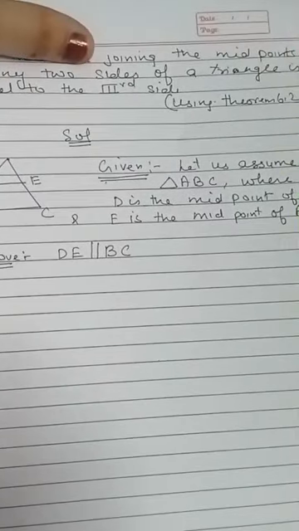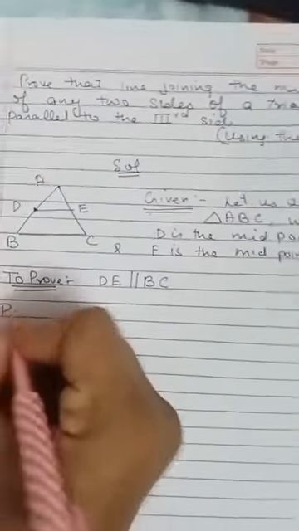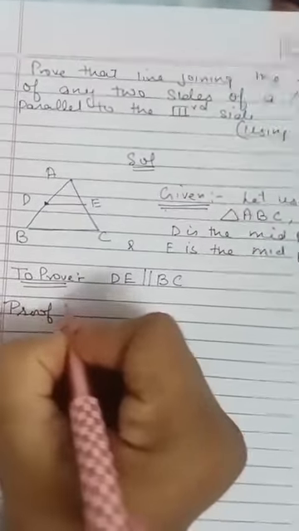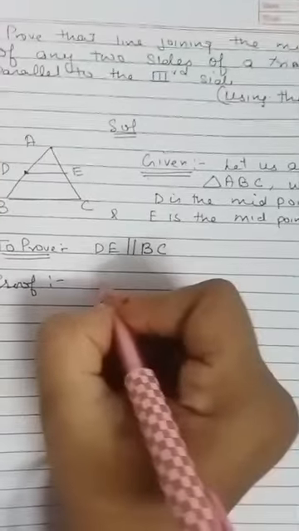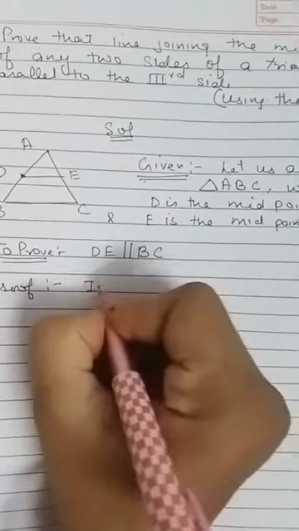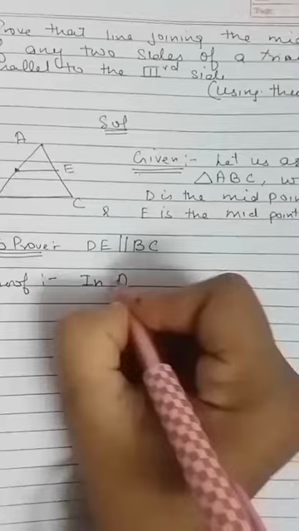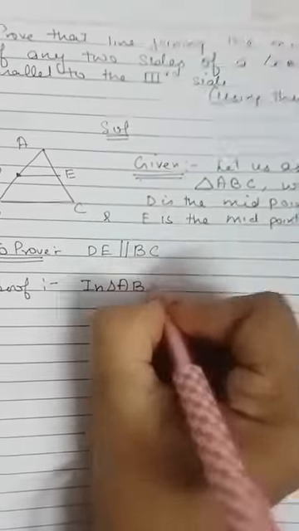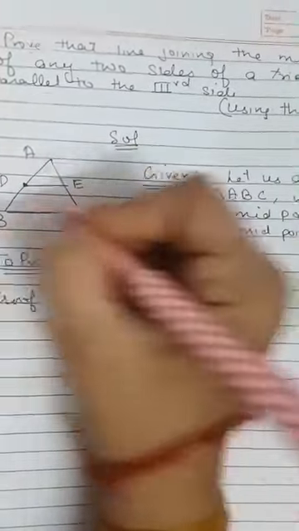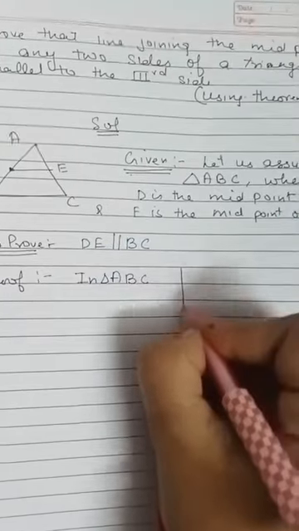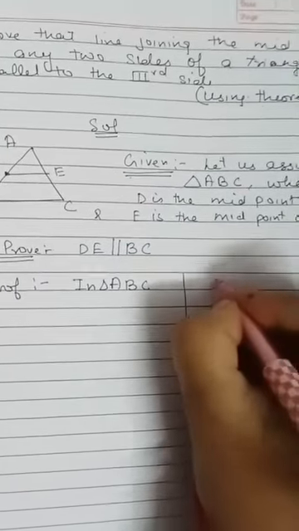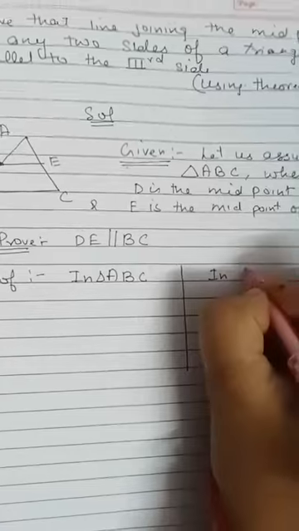So now let's start our proof. To prove this, we will write proof. First, take triangle ABC. So the bigger triangle we are going to take first, and then the other triangle.